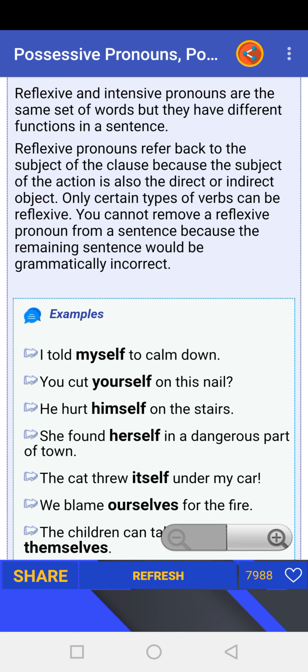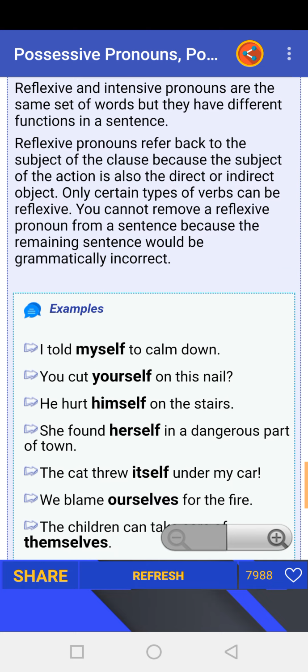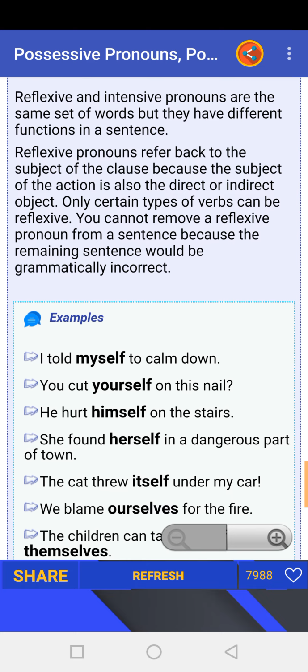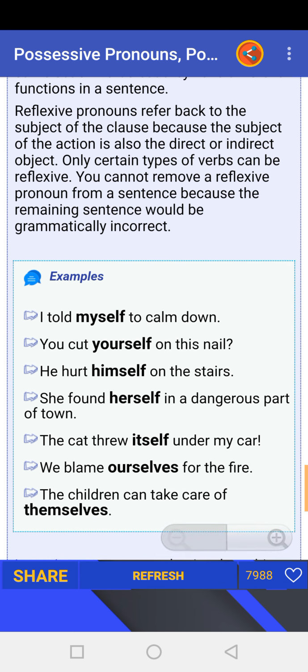For reflexive pronouns, we can't remove them in the sentence. If we remove the reflexive pronoun, the sentence loses its meaning. But in the intensive pronouns, there's a slight or even no difference if we remove the intensive pronouns.